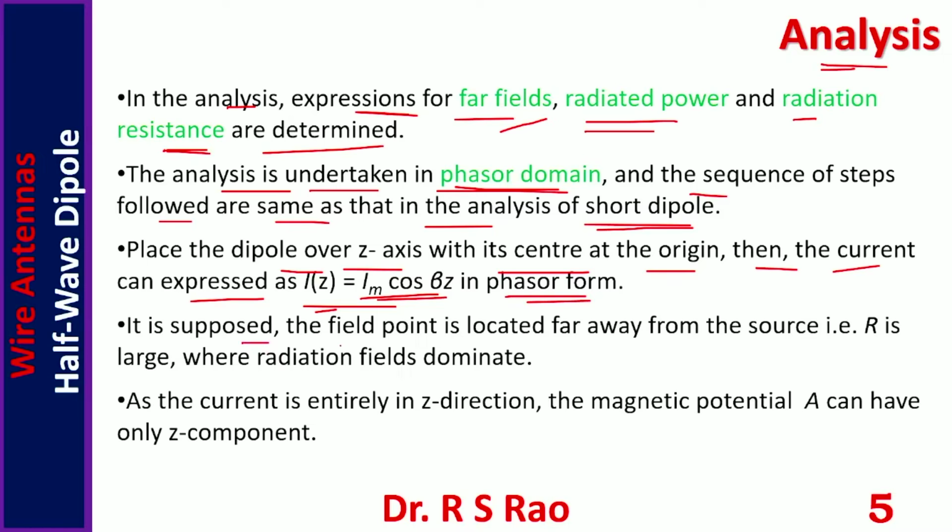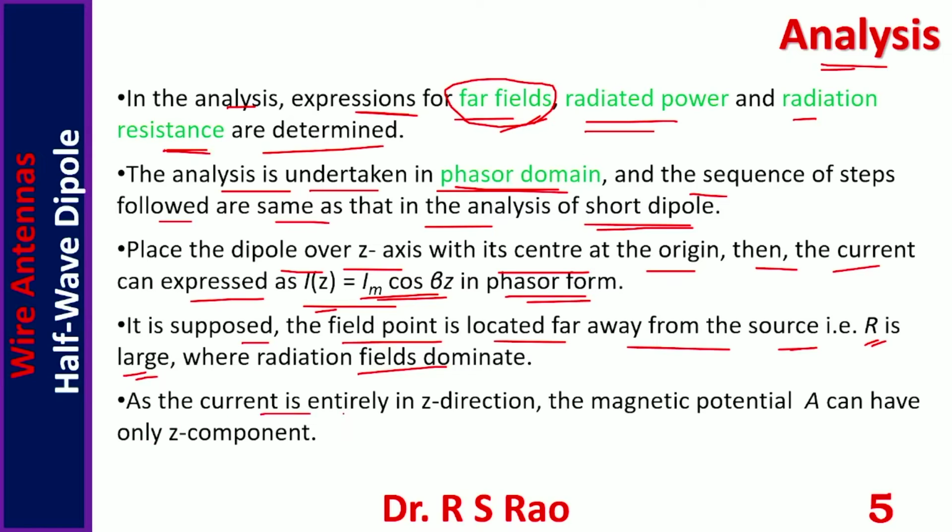It is supposed the field point is located far away from the source. Actually, what we want is far fields. Far fields exist or dominate only when the field point is located far away from the source. The distance of the point under consideration, the field point, has to be large, where radiation fields dominate.